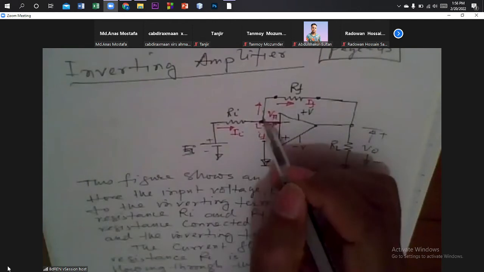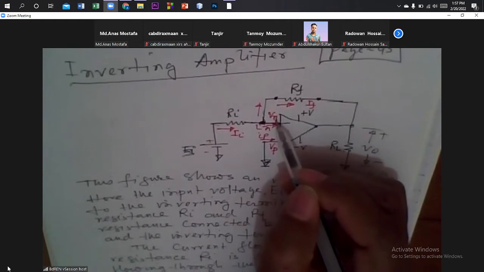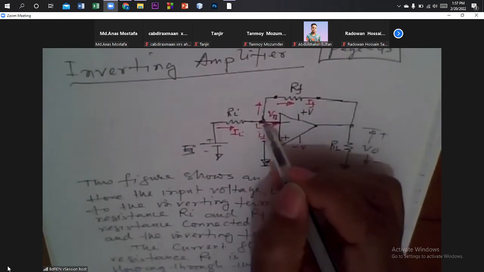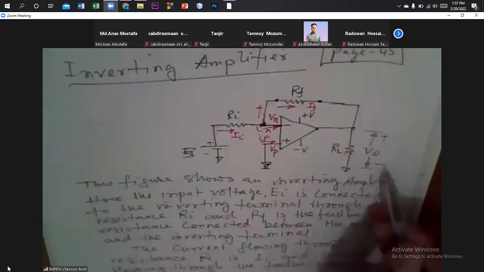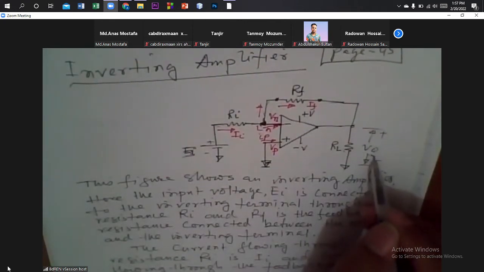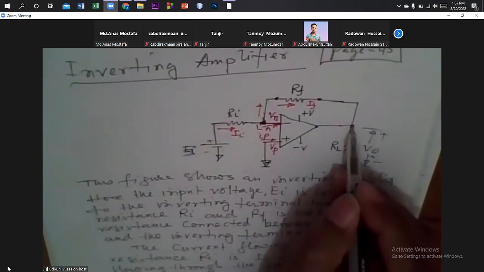You come down this way. What is the voltage here? Vn. This is the voltage Vn. And what is the voltage here? V0. So this voltage is Vn, this voltage is V0.